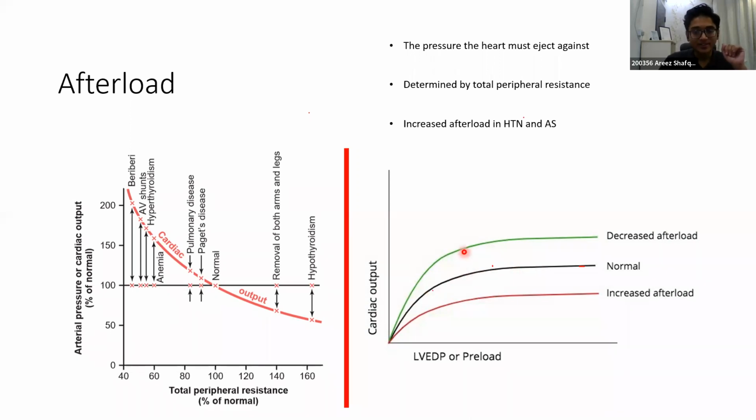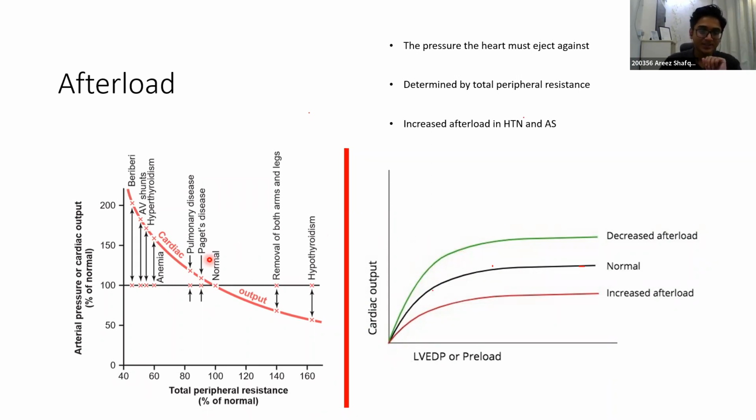When I'm shifting the curve, I'm not changing preload, but I'm changing cardiac output. This means this is not Frank-Starling. If I'm shifting the curve up, I'm increasing contractility or I'm decreasing afterload by vasodilation. If I'm shifting the curve down, that means I'm decreasing contractility or increasing the afterload. Does this make sense? This is a summary of the whole thing.